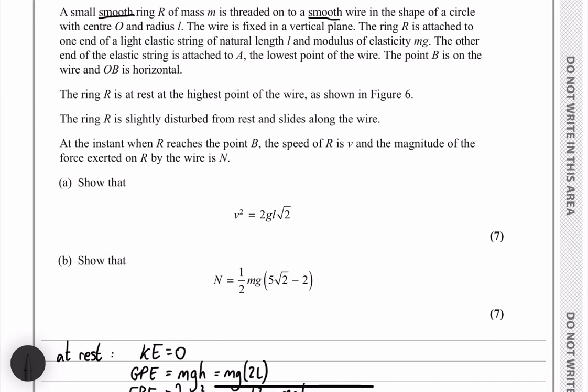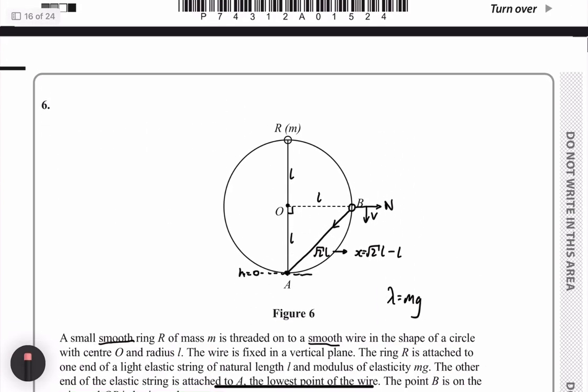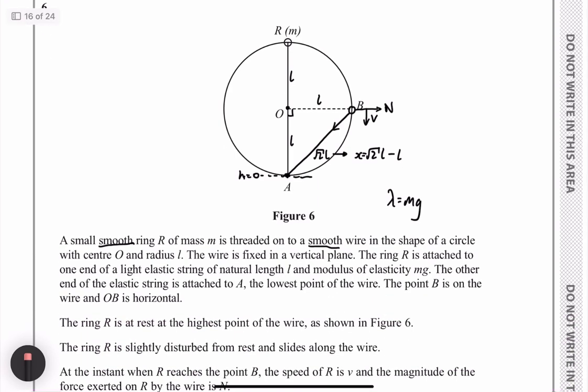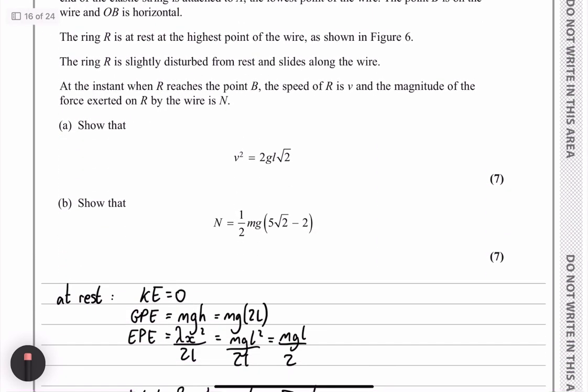So we've shown that v squared is this expression. Now we need to show that N, the horizontal force acting on the ring from the wire, is half mg (5 root 2 minus 2).